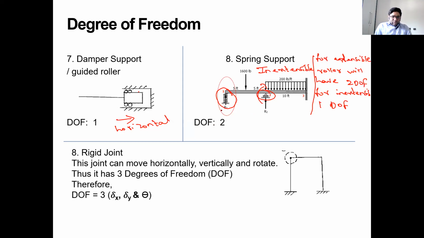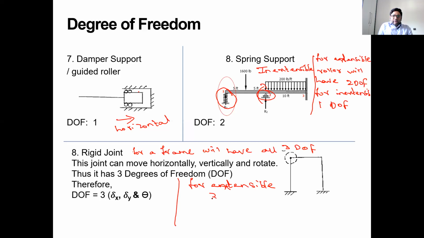Then we have a rigid joint. A rigid joint, for a frame, will have all 3 degrees of freedom. So here also for extensible, 3 degrees of freedom, and for inextensible, how many will be there?